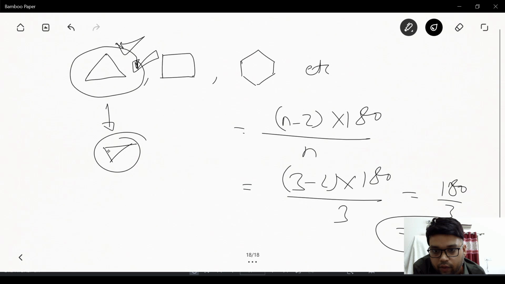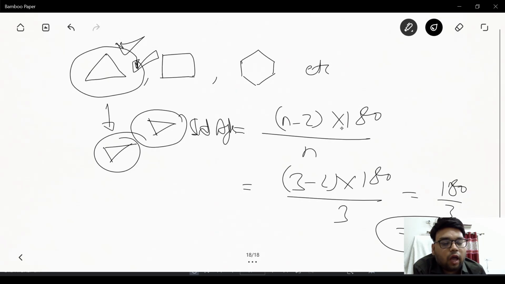We can't make a regular polygon by two sides, so we need three sides. So this one is the equilateral triangle. Here we know the formula for calculation of interior angle, n minus 2 into 180 divided by n. So here your value is 60 degree. This one is your answer. The minimum you need is 60 degree.